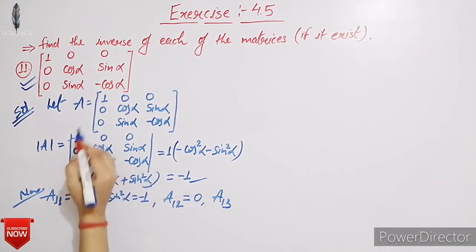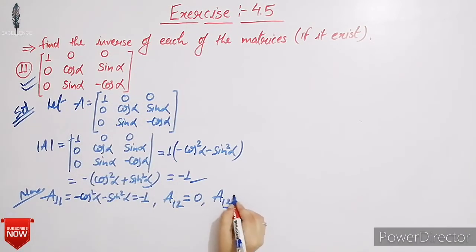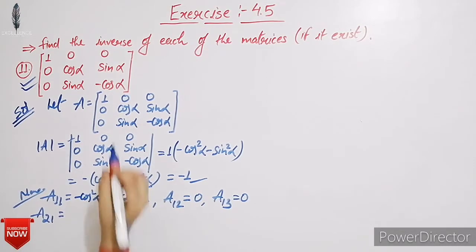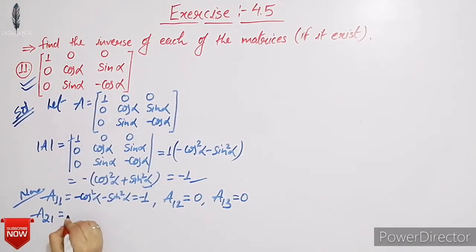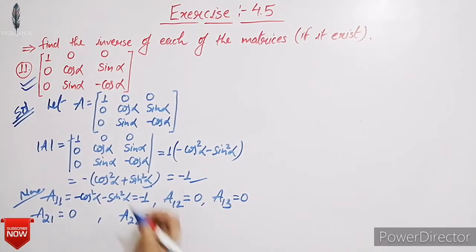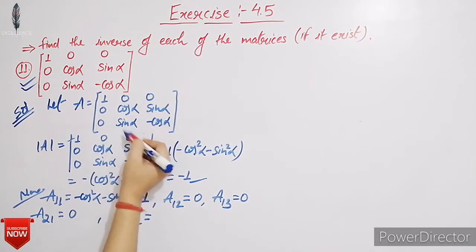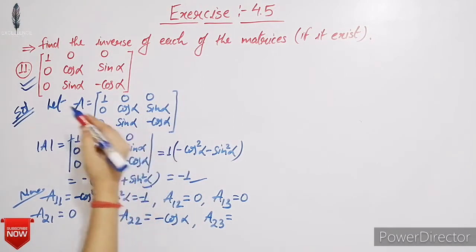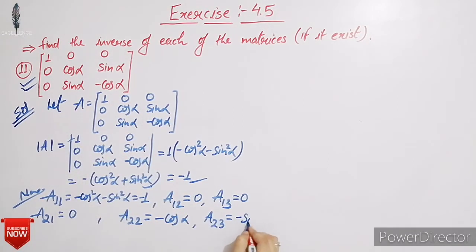A13 is also 0 on blocking first row and third column, and A21 on blocking second row first column, we have it is also equal to 0. A22 on blocking second row second column, we have it is -cos alpha, and A23 is negative M23 and M23 is sin alpha. So here it is -sin alpha.